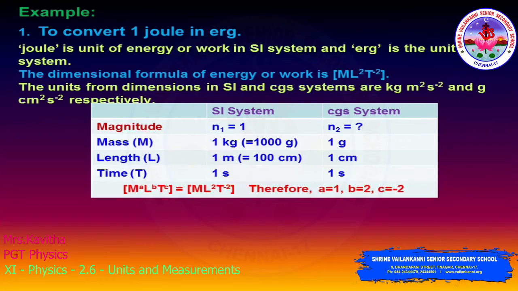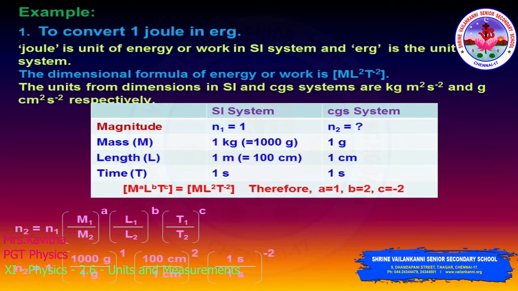For time, T1 is 1 second and T2 is 1 second. The formula for the CGS value is N2 equals N1 into M1 by M2 whole power a, L1 by L2 whole power b, T1 by T2 whole power c. Applying all the values, we get N2, where N1 is 1, and M1, L1, T1 are all for the SI system.